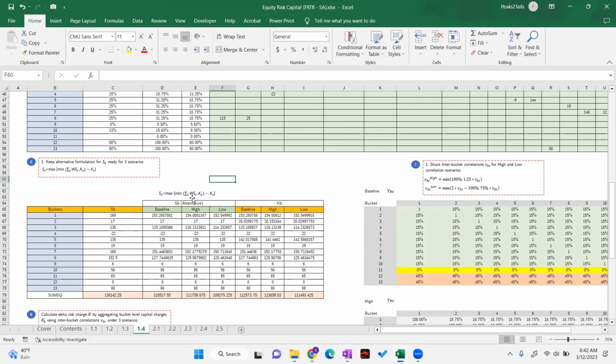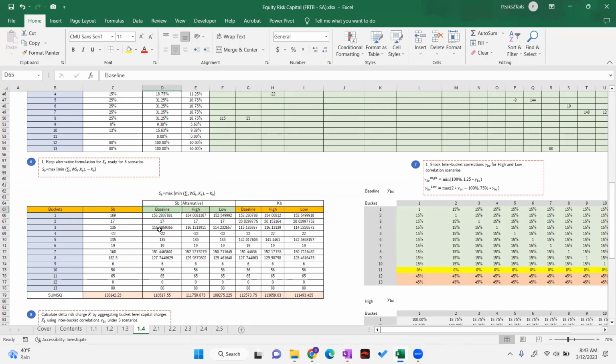Look at this. Sum of WSK is the core calculation. That is this one, that is what we did. But then you also do this: max of, min of, sum of WSK, comma, KB, and then minus KB, max of that. I use this formula. But now this KB depends on the correlation scenario.